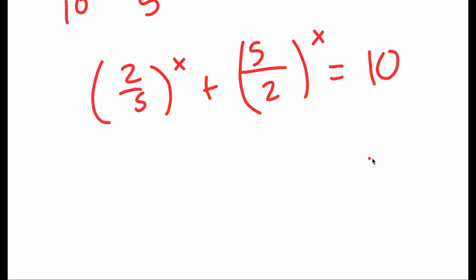Now, from here, notice how both these fractions are reciprocals of each other, meaning their numerators and denominators are flipped. So 2 over 5, if you flip it, it's equal to 5 over 2.